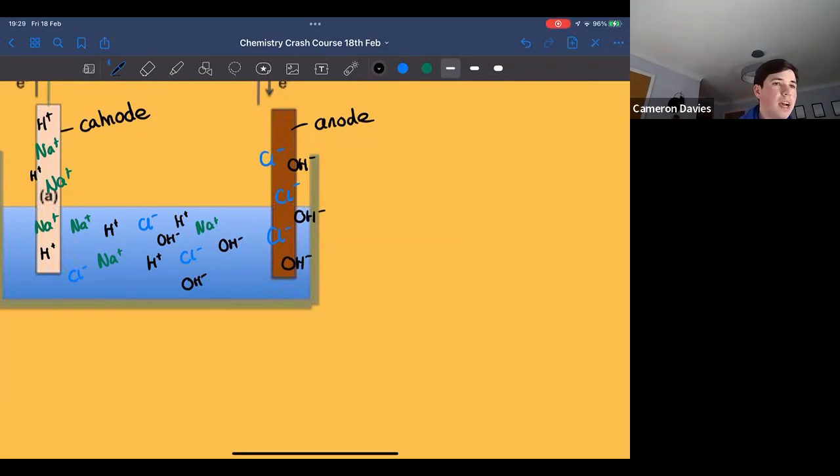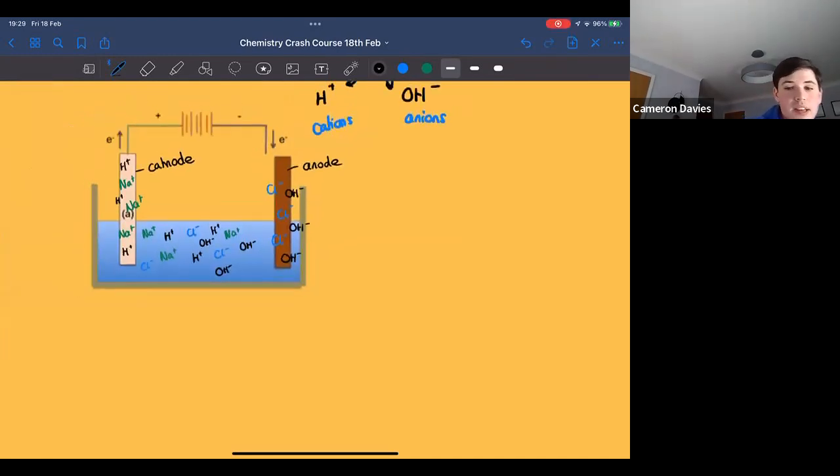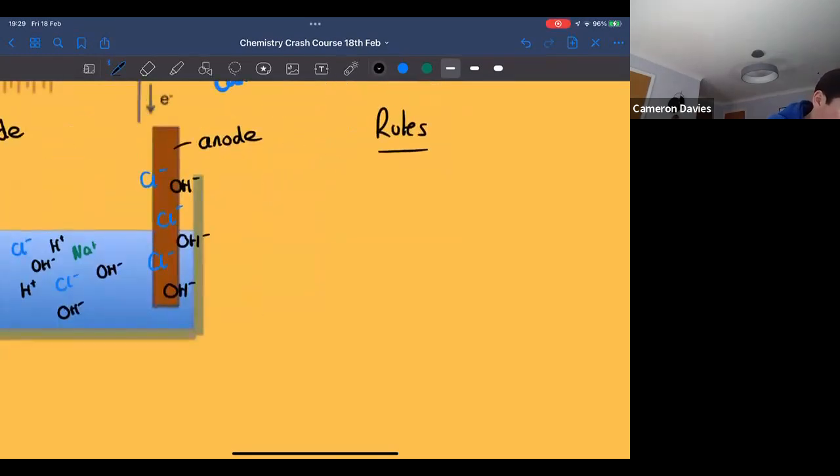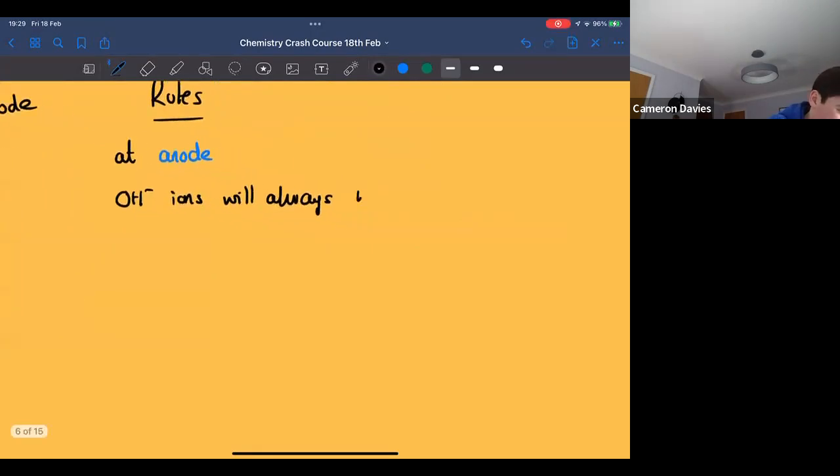The way we have to work out which one wins, essentially, is by following some rules. Let's start with the anode. At the anode, it's quite simple. The OH minus ions will always win, so they will be the ones in our half equation, unless there are something we call halide ions present.